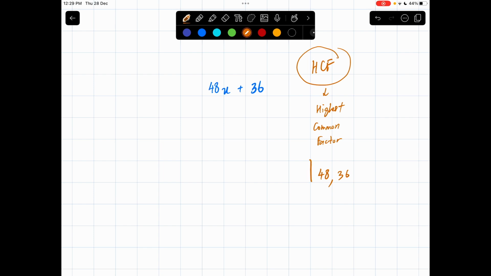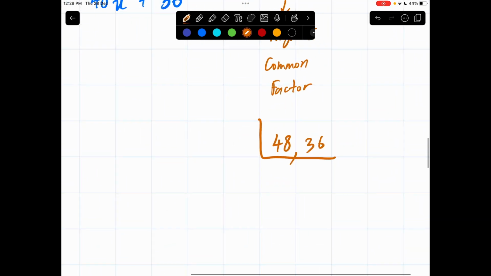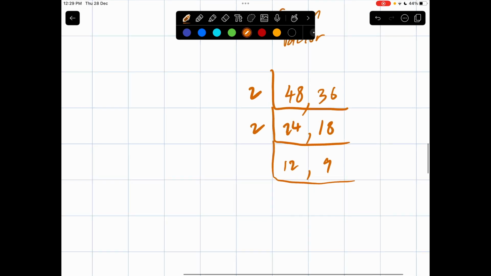So 48 and 36. Here 48 and 36 are both divisible by the number, let's go small, 2. So we'll have 24 and 18. Then let's go another time, 2. So we'll have 12 and 9. And 12 and 9 can be divided by 3. You'll have 4 and 3.